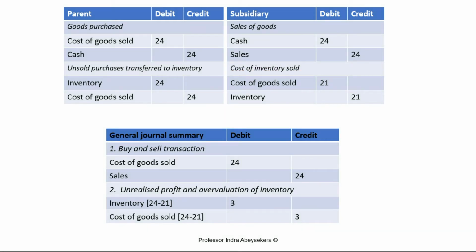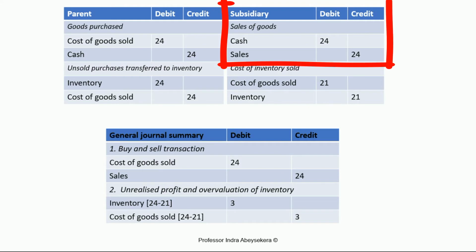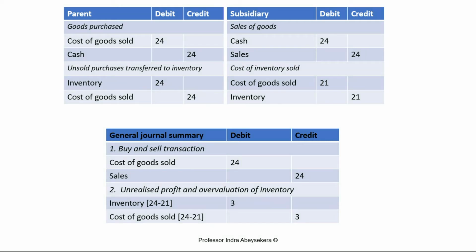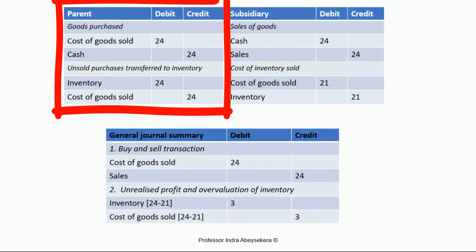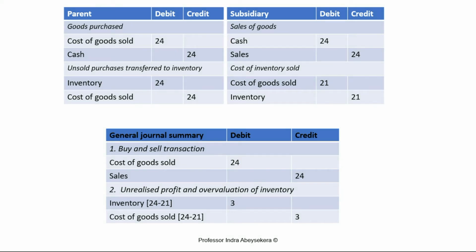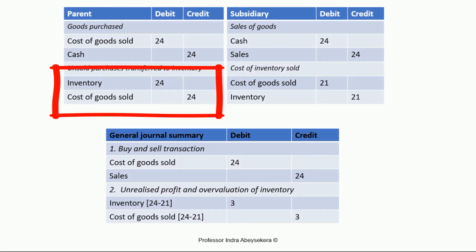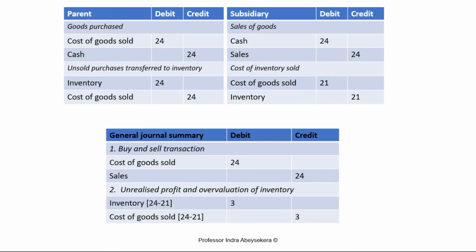It was then sold for 24 million: credit sales 24 million, debit cash 24 million. The parent bought it and recorded cost of goods sold 24 million debit and paid cash 24 million. At the end of the current financial year, it transferred the unsold inventory from cost of goods sold into the balance sheet as inventory 24 million.